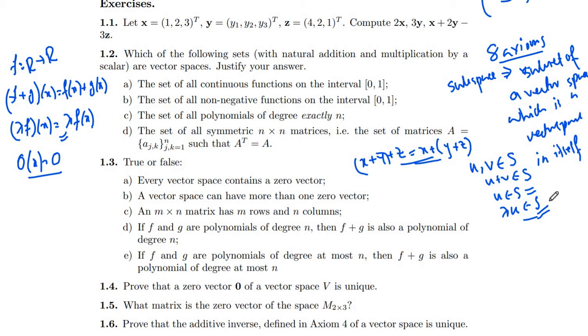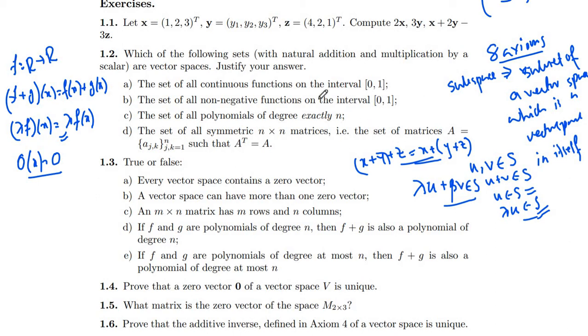Just these two properties, and you can even condense them into one. You can say for all u, v belonging to S, for all lambda and beta, lambda u plus beta v must be inside S. So these two conditions are equivalent to this condition. That I am also going to prove in the next lecture or the lecture after that.